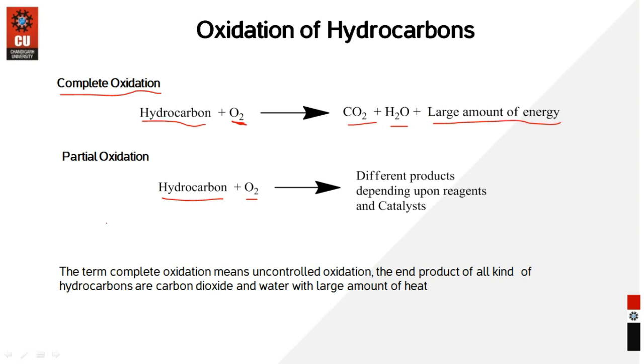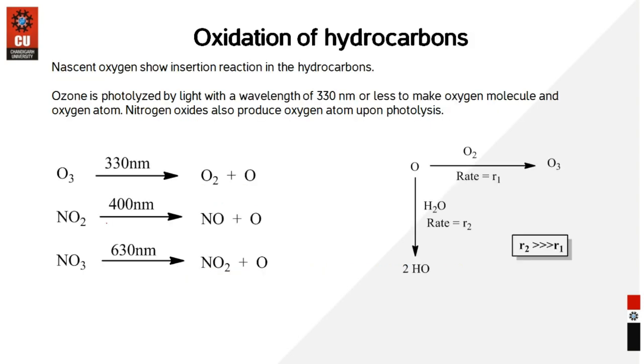So next is the oxidation of hydrocarbons. We are more interested in incomplete oxidation or controlled oxidation of hydrocarbons, all right? So here nascent oxygen shows insertion reactions. Basically the nascent oxygen can be produced in various ways, like by the photolysis of ozone, nitrogen dioxide, NO3, right?